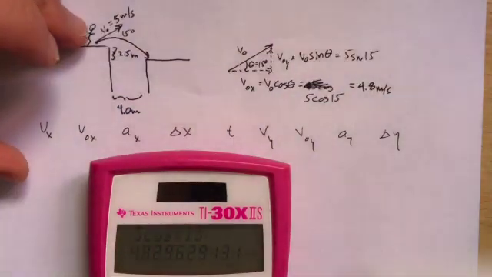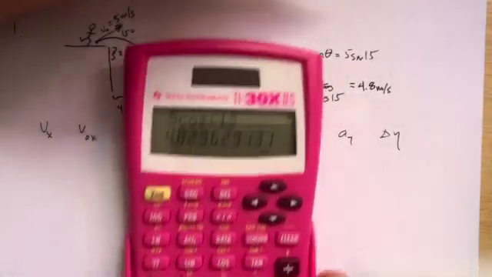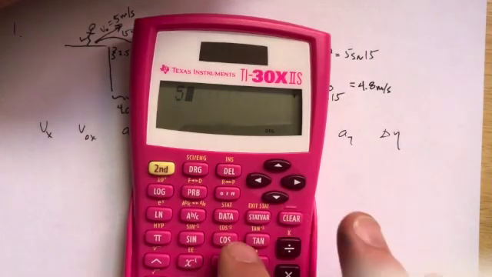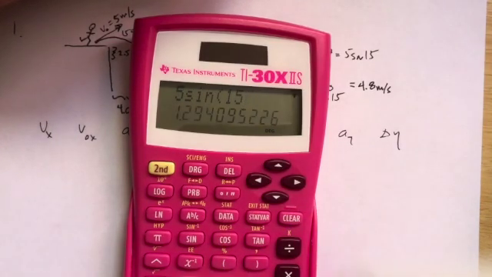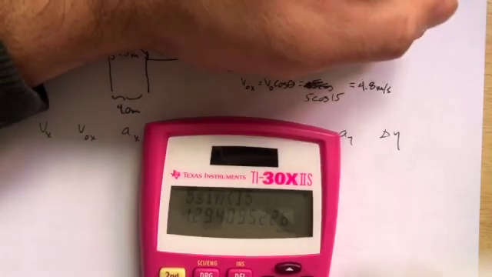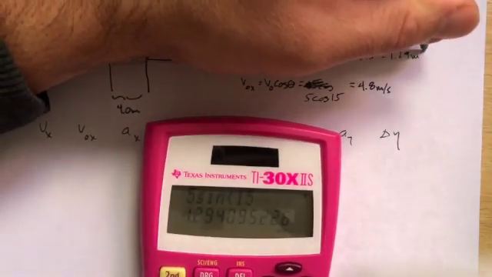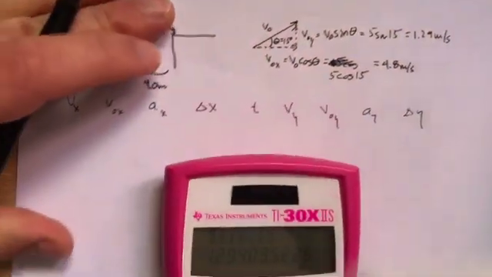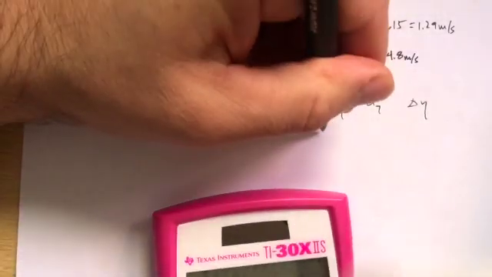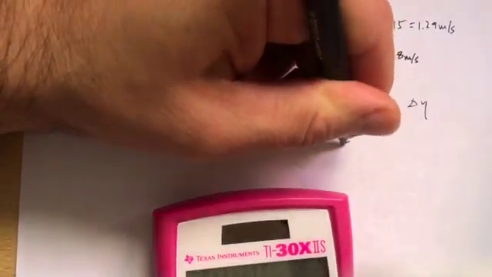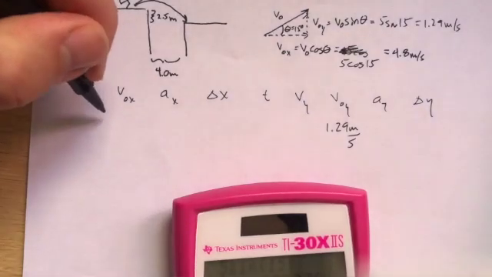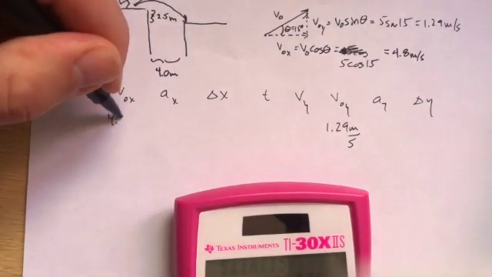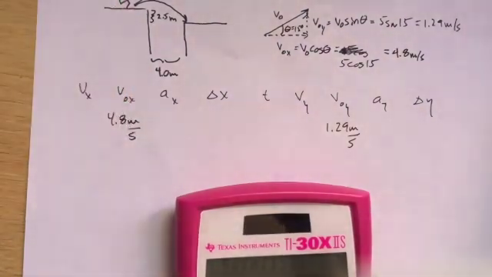That's V naught x. And V naught y, 5 sine 15, is going to be 1.29. All right, so I can plug those into my chart here: 1.29 meters per second for V naught y, and 4.8 meters per second for V naught x.